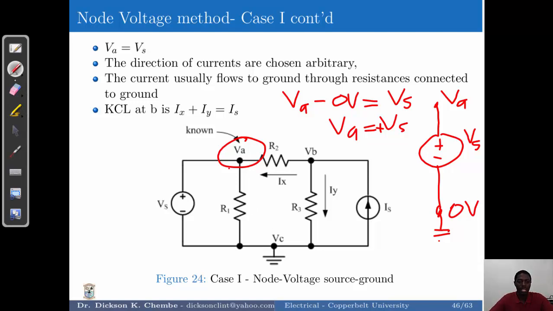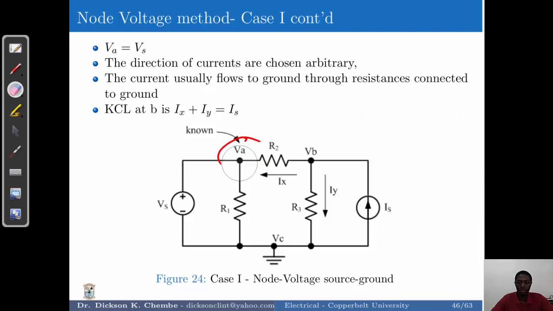The procedure for applying the node voltage method, first of all, is to identify the nodes. We label the node voltages, which are VA, VB, VC, as in this case, and then we choose the direction of flow of current, which is an arbitrary choice, but you'll be guided by the sources, in this case the current source and the voltage sources.